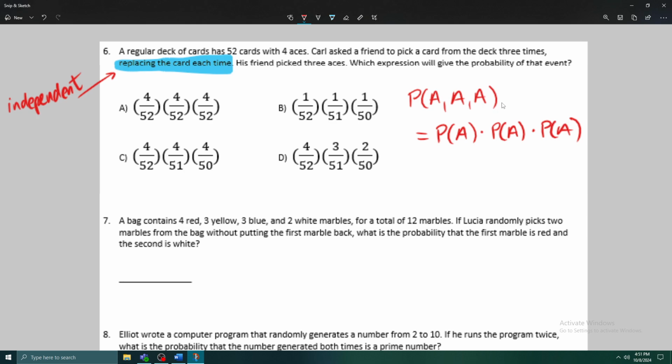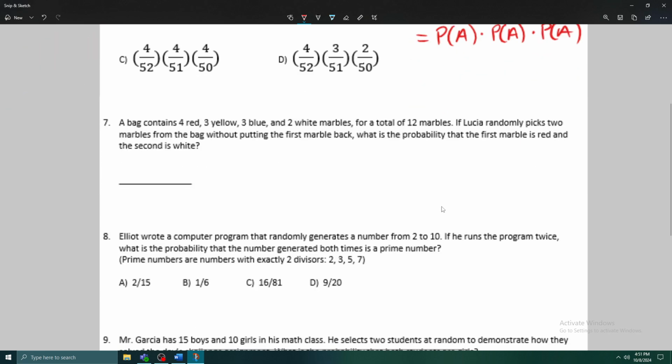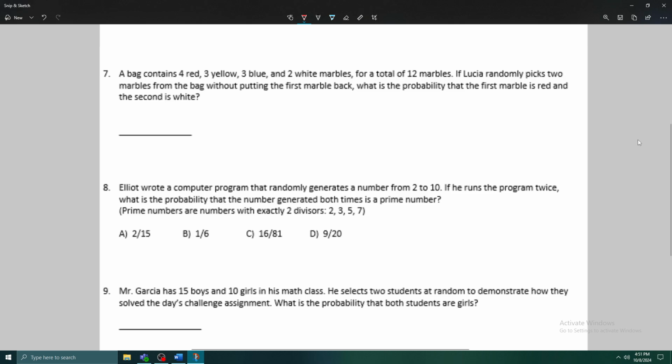So find the probability of drawing an ace, and then an ace, and then an ace. I'll give you a big hint. The denominator will not change because these events are independent. That's not the only reason they don't change, but you know.